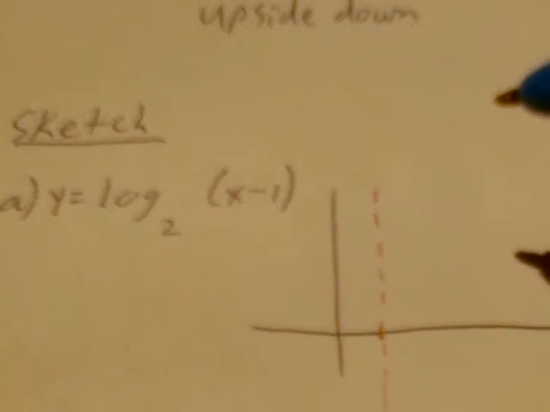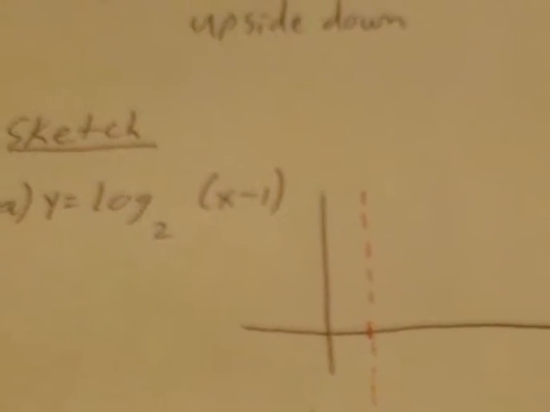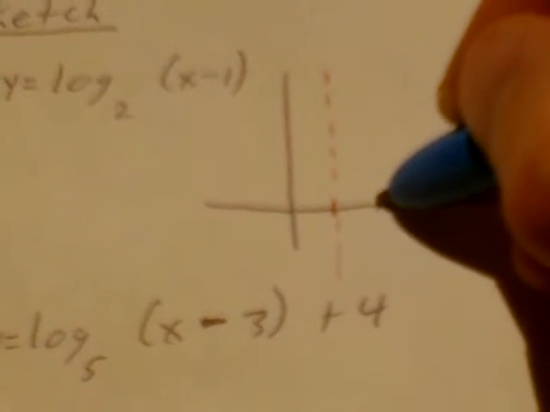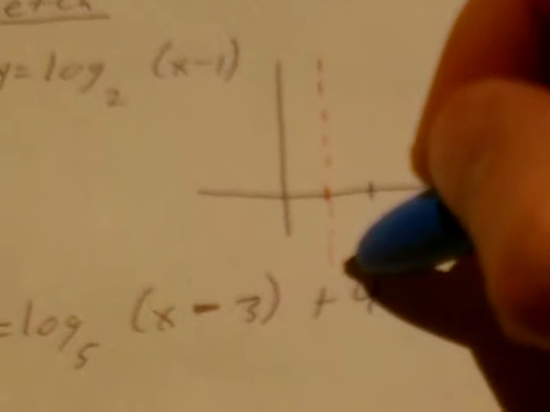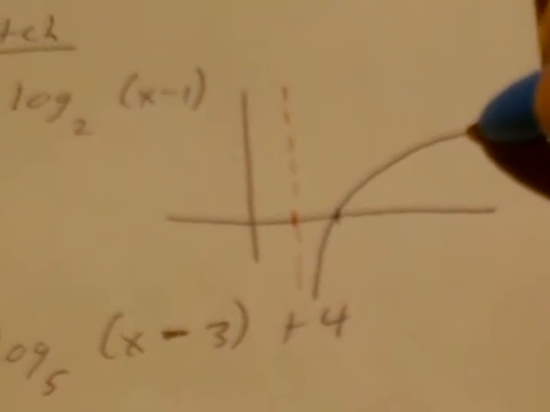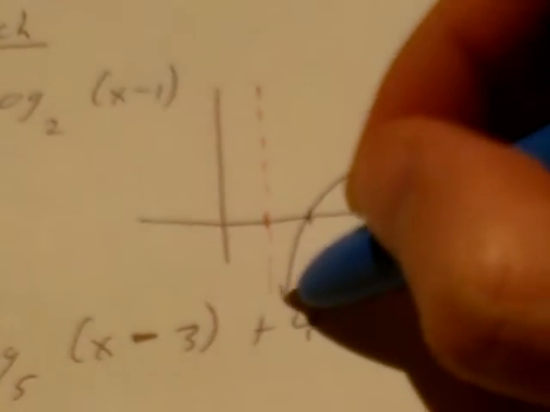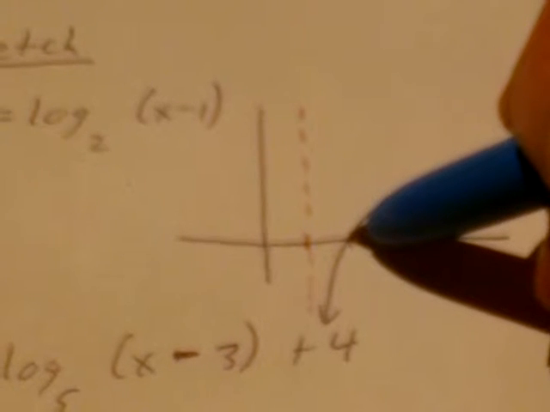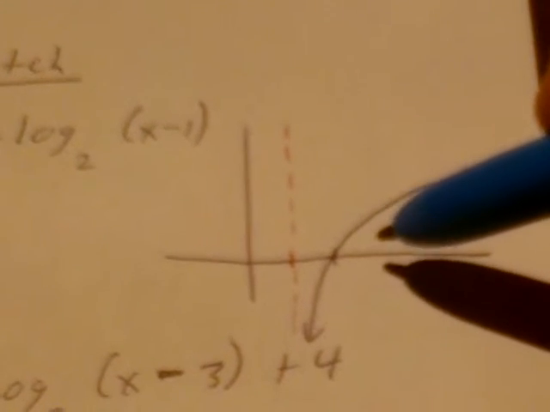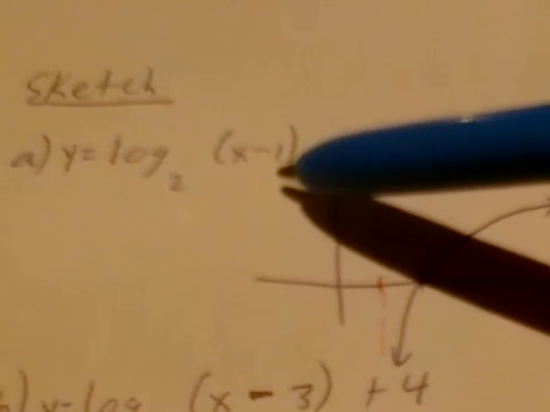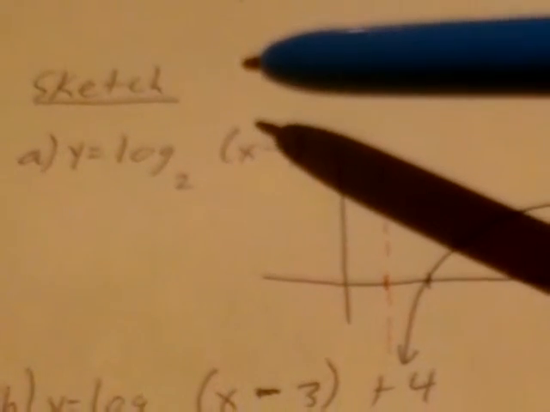So there it is. And then my parent function is just going to be graphed where it usually is. So I'm going to graph this over one space to the right and use the same basic shape as we just had a moment ago. And there it is. There's our asymptote, and there's our place where we hit the x-axis right there at (1, 0). And there is our first sketch of a logarithmic function. We just moved it to the right 1 space.